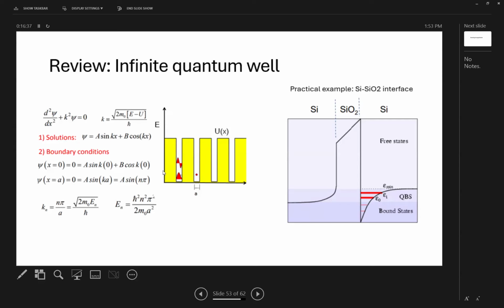Okay, so previously you knew that a potential well is created when you have crystals, many atoms, many nuclei periodically arranged. And apart from that, you can also create a potential well by applying a bias. Okay.